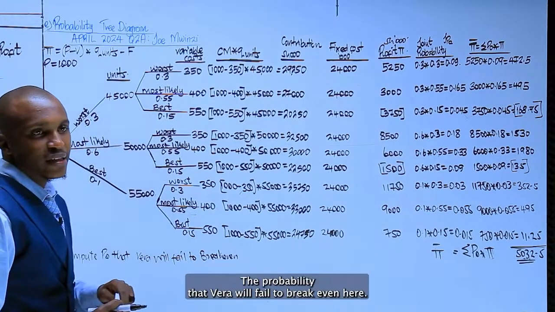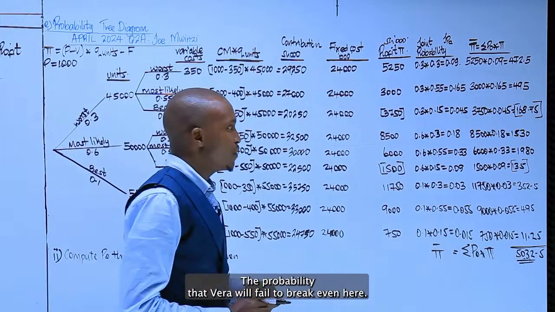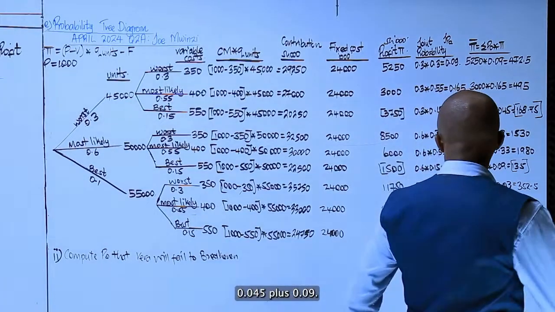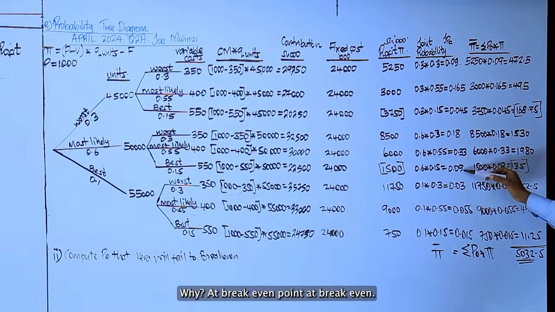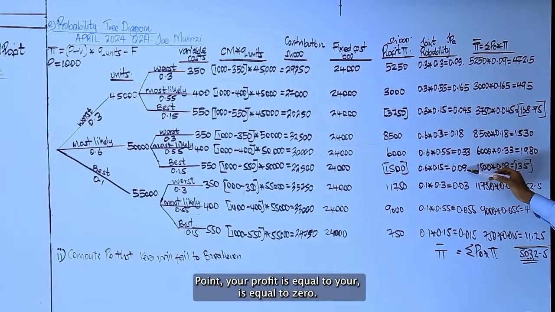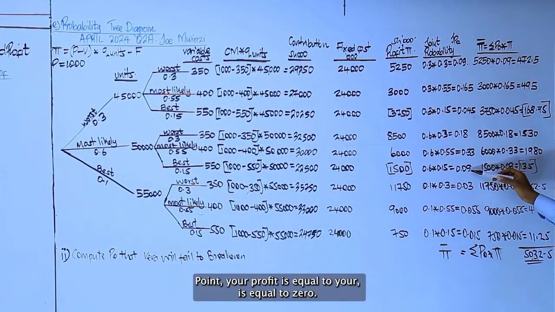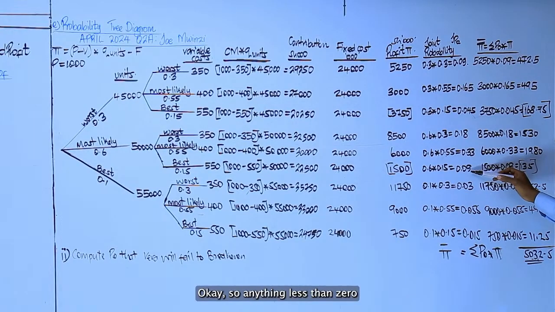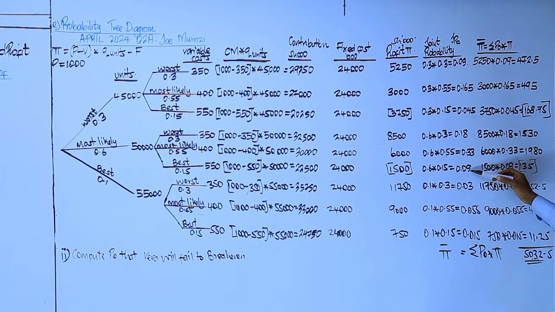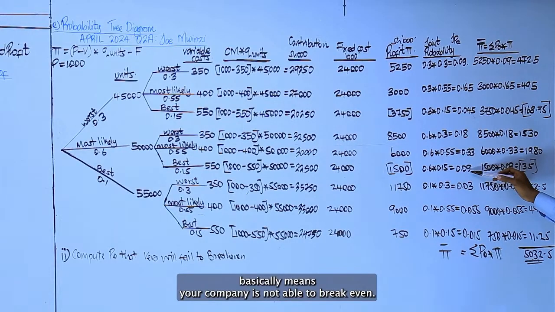The probability that Vera will fail to break even is here: 0.045 plus 0.09. Why? At break-even point, your profit is equal to 0. Anything less than 0 basically means your company is not able to break even.